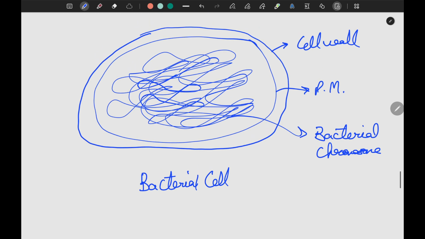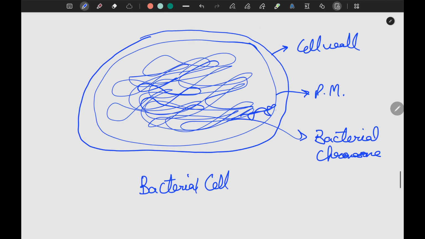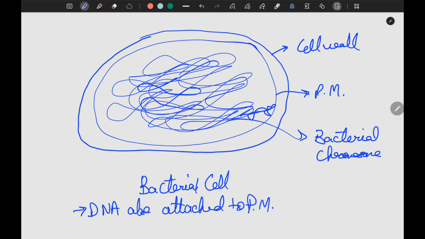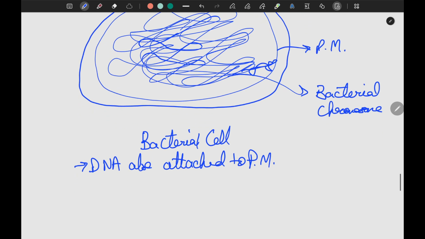The DNA is also attached to the plasma membrane here, so it can fit inside, and it is also supercoiled.